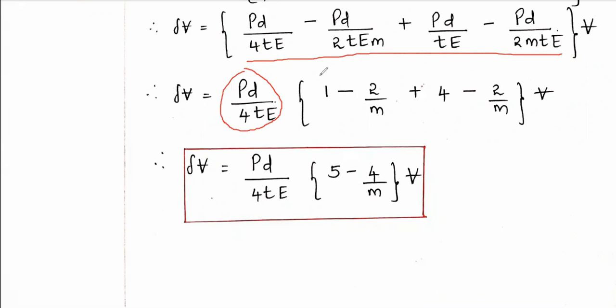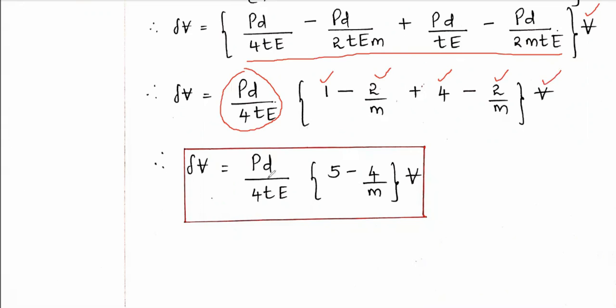In the bracket, I'll be getting 1. In the second case, it will be minus 2 by m. Third case, it will be plus 4. And fourth case, with a negative sign, it will be minus 2 by m. And this V I kept as it is.